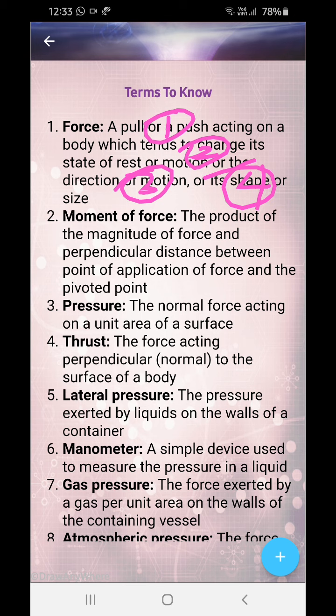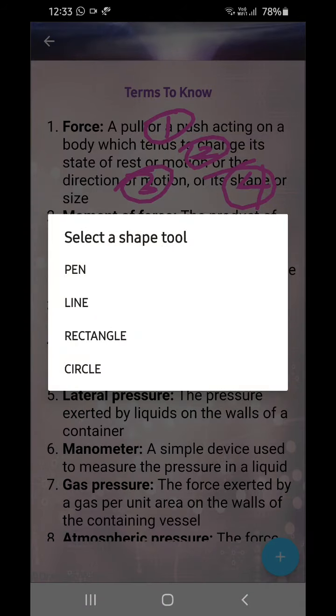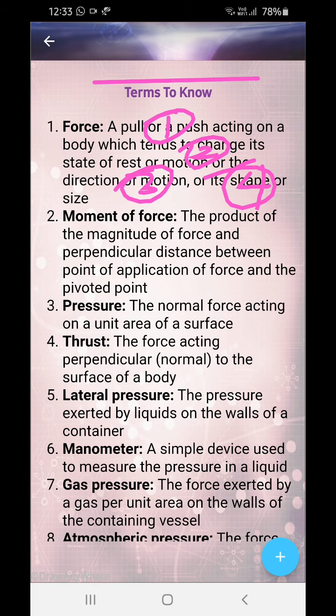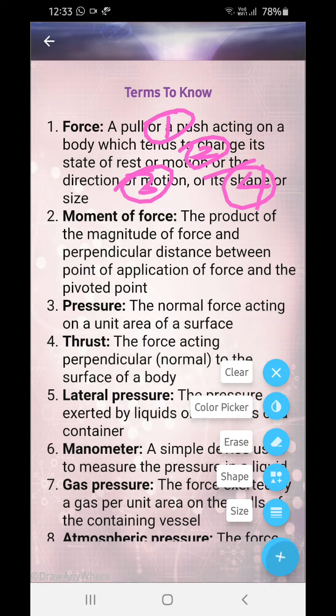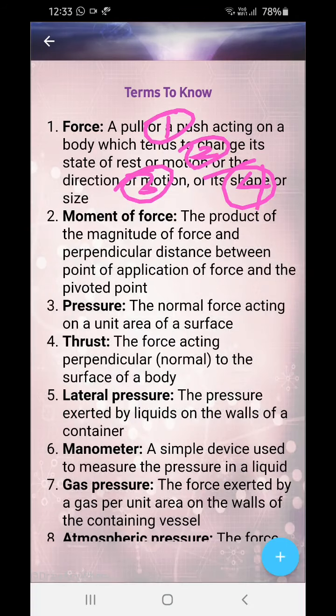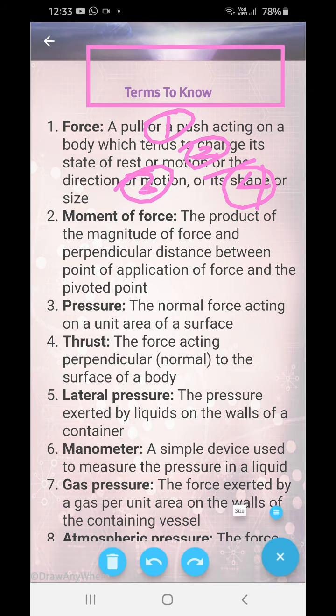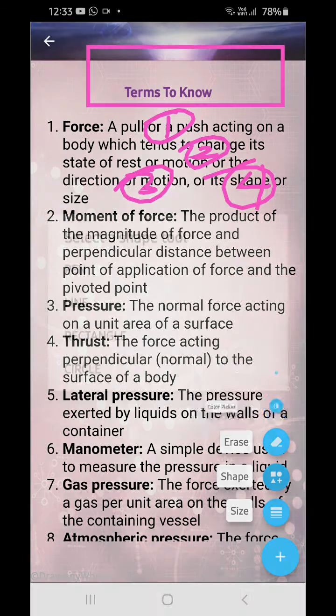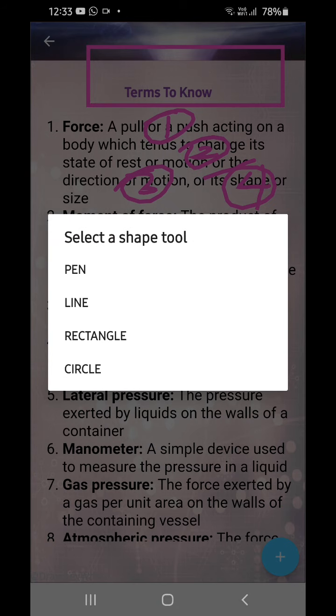I'll show you with the help of lines, you will understand better. See over here a rectangle which I am taking out. Now consider a line.